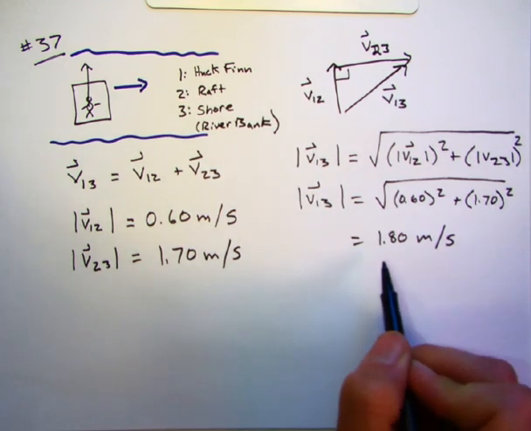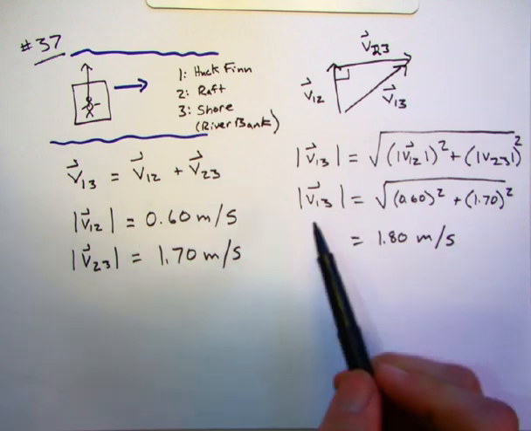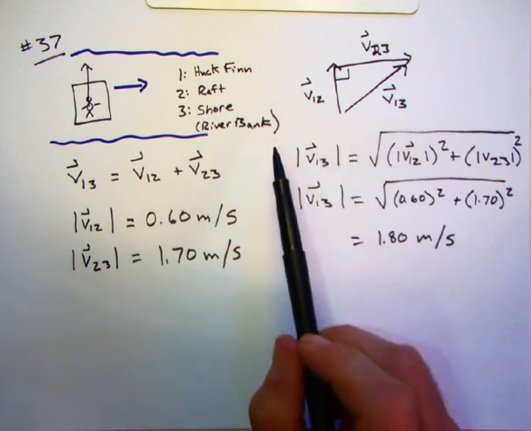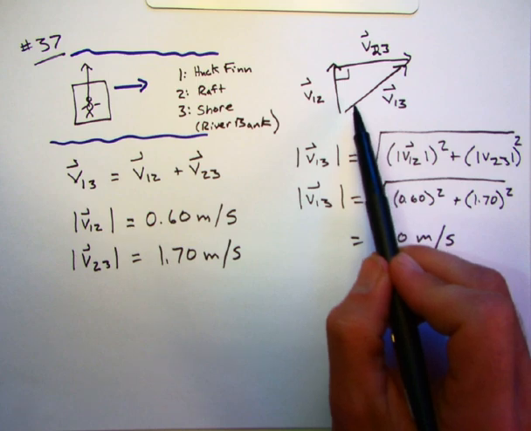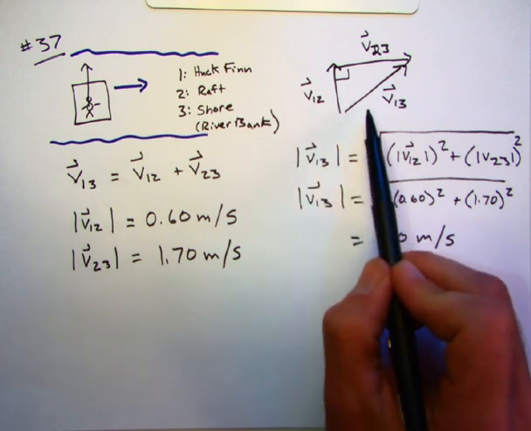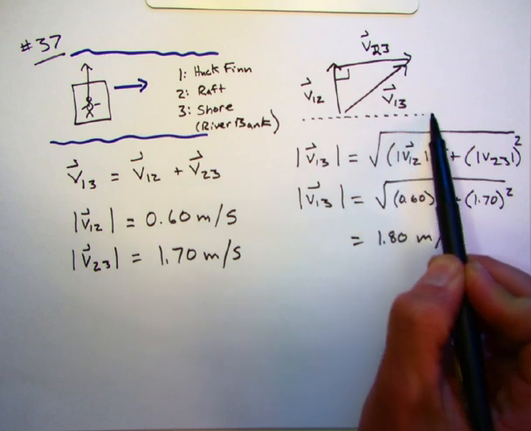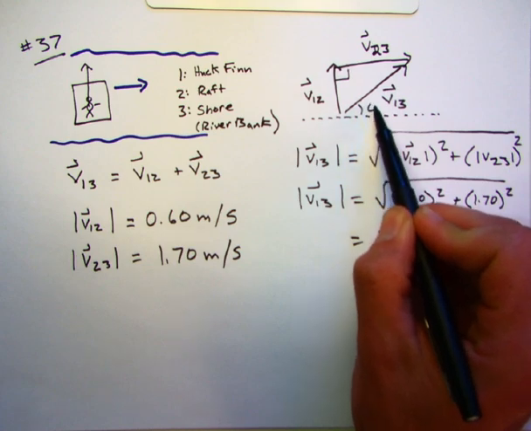Now, we're not done yet. The problem also asks for Huck's velocity, speed and direction, relative to the riverbank. So we have to find an angle. If I draw that in here, they are looking for angle theta.